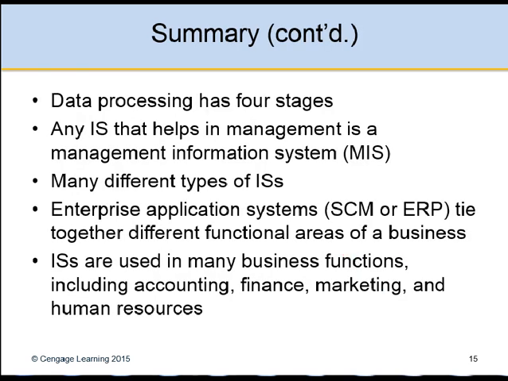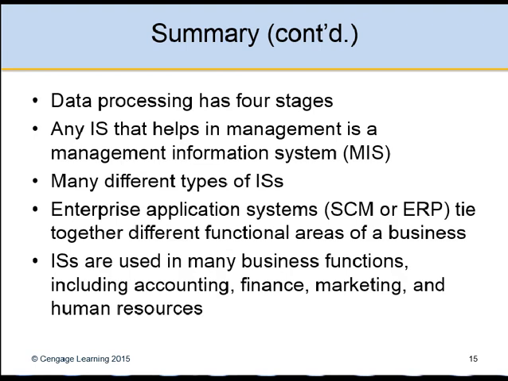Data processing has 4 stages, and any information system that helps management is a management information system. There's many different types of information systems, including enterprise application systems that tie together different functional areas of the business.